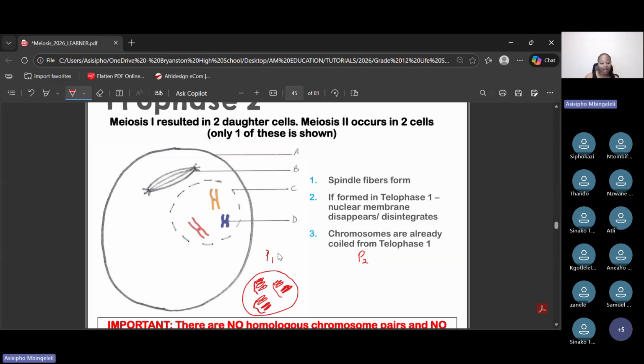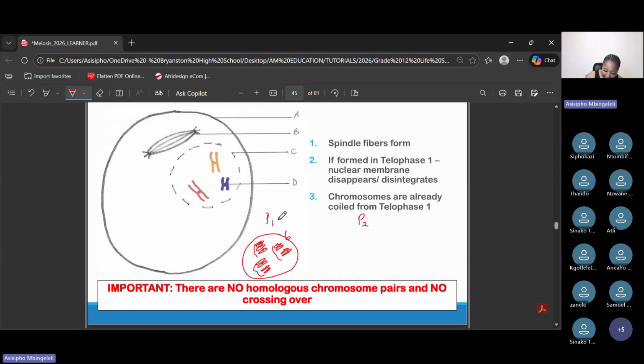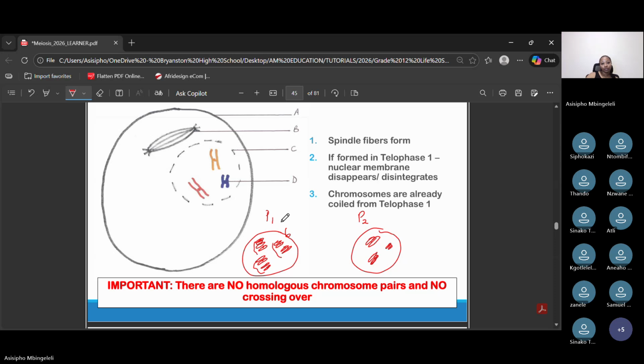This was prophase 1, and we had 6 chromosomes. In prophase 2, we are having 3 chromosomes, and they are no longer in pairs. 1, 2, 3. Now, I like it when I draw it like this because they're the same phase in just 2 different meiotic divisions. Meiotic division 1, prophase 1. Meiotic division 2, prophase 2.